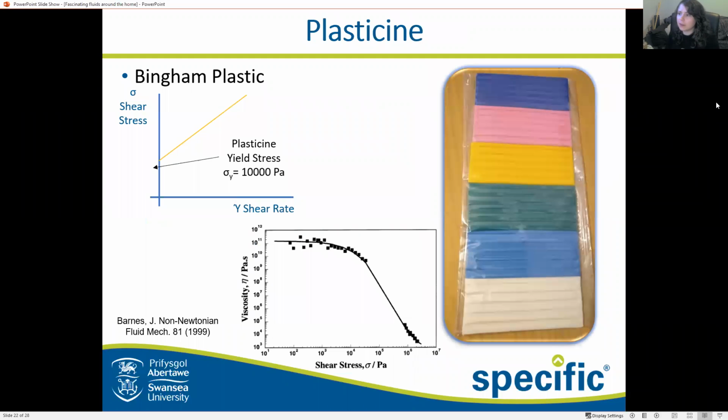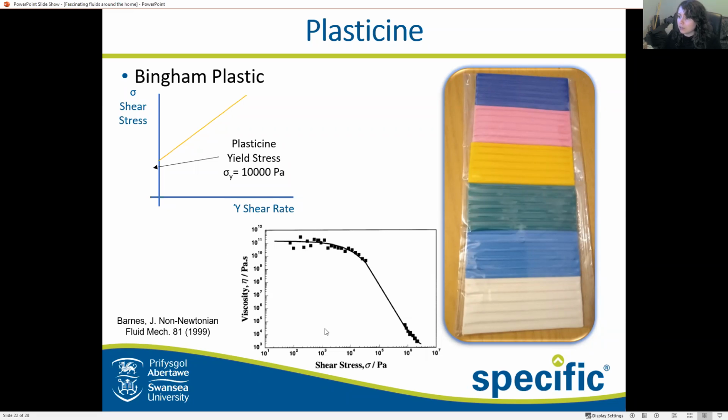In the case of plasticine, this, as with our toothpaste, our ketchup, and our mayonnaise, is in fact a Bingham plastic, although this has a substantially higher yield stress than the previous fluids at 10,000 pascals, which is why at rest plasticine is very much a solid. That is why we can use it for modeling: when we apply a shear stress, it enables us to reposition the plasticine, but when we leave it alone, it will happily stay in place for as long as it needs to.